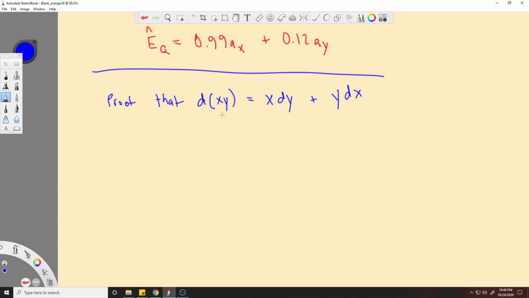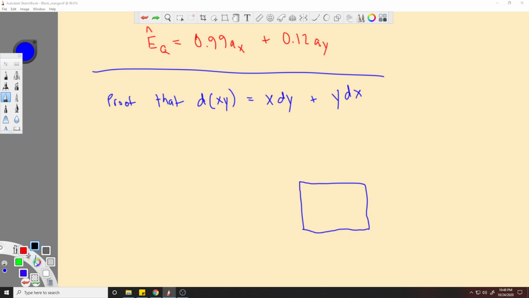So if you have d(xy), that's basically the change in x times y, right? Because that's what derivatives are, the rate of change. So let's say you have a square, and its units are x and y.